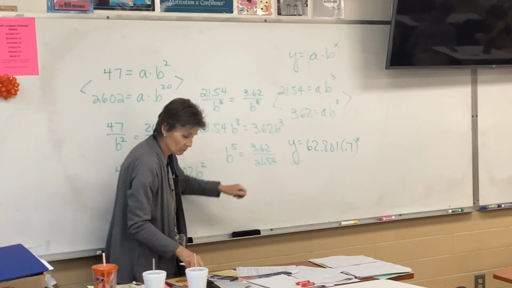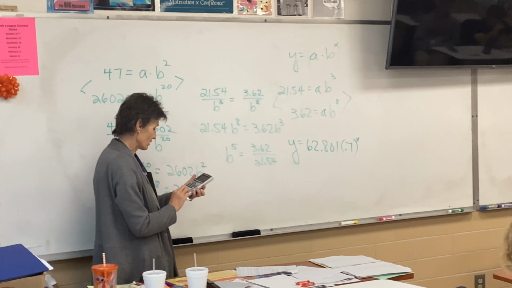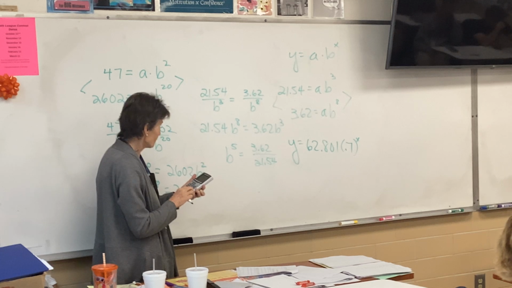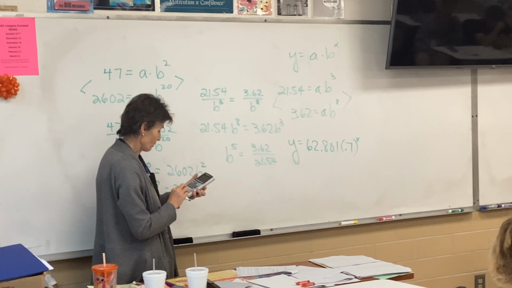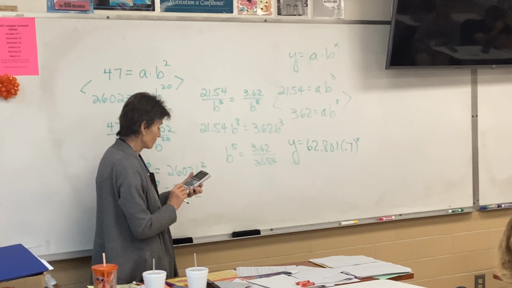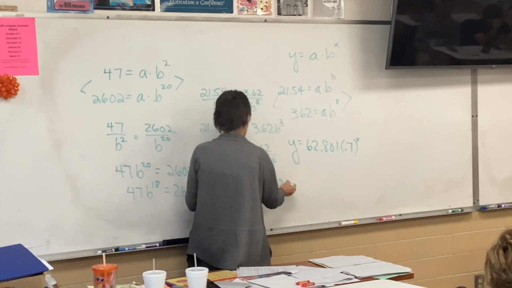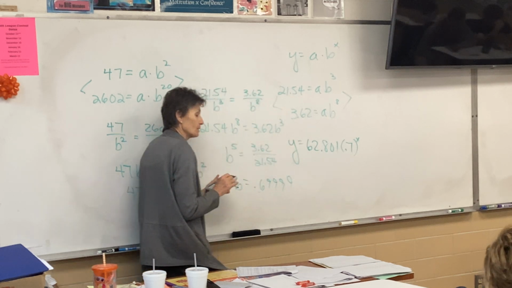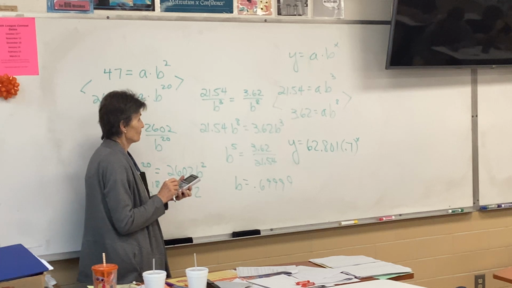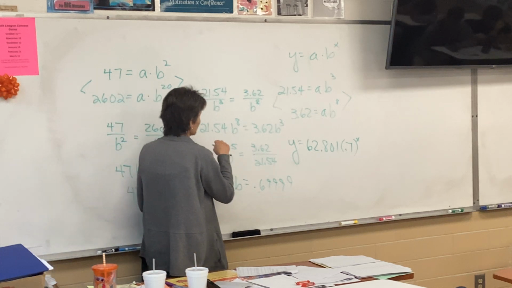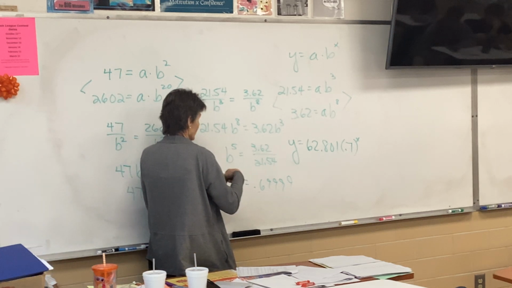So then I fifth rooted that fraction, 3.62 divided by 21.54, and got B to be 0.69999. That's sitting on my calculator.